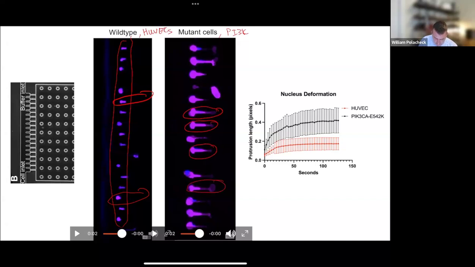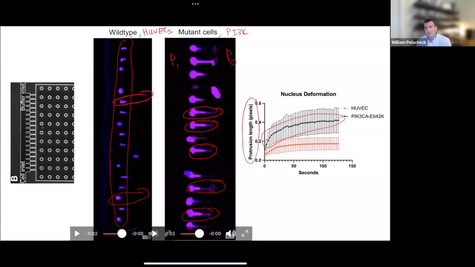I actually think the magnification is slightly different on these images too, but it's the same device. Either way, if we plot, like I had originally suggested and had been suggested by one of you, the protrusion length, or the length into the channel, as a function of time for a given pressure gradient, where we know this is P1 and P naught, then I can see that my mutant cells indeed squeeze through faster than my healthy cells.